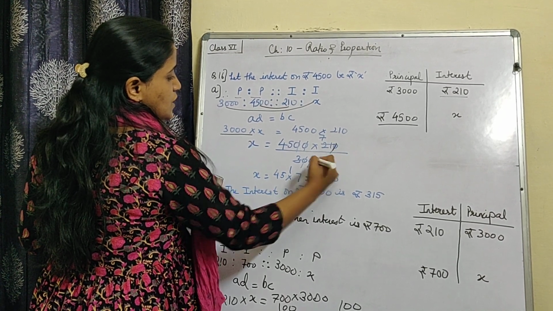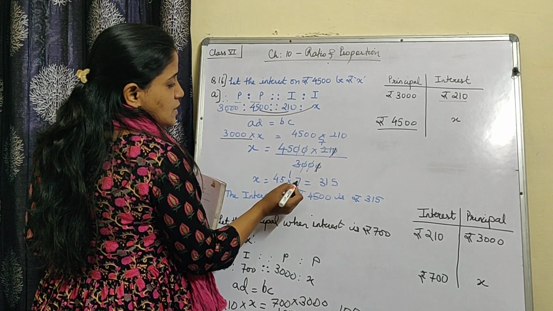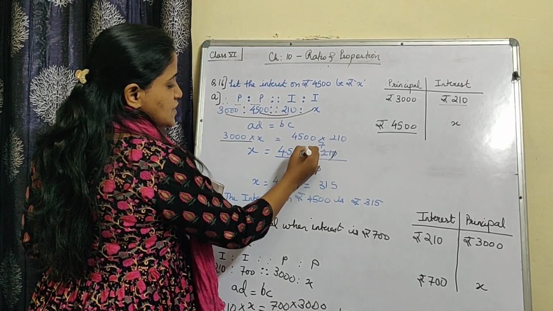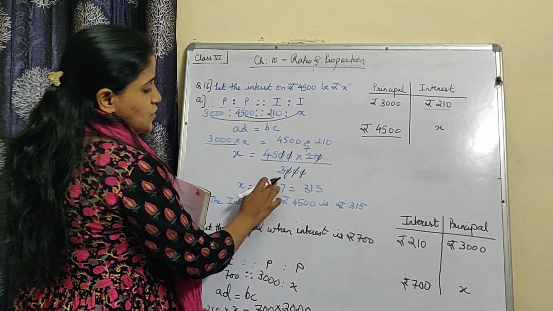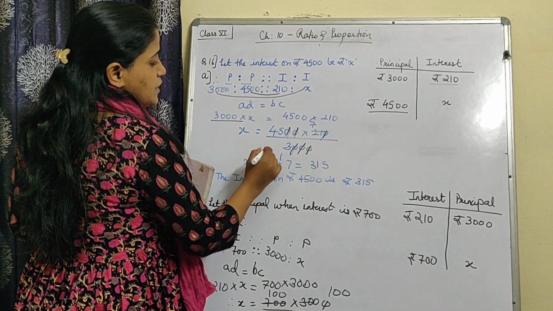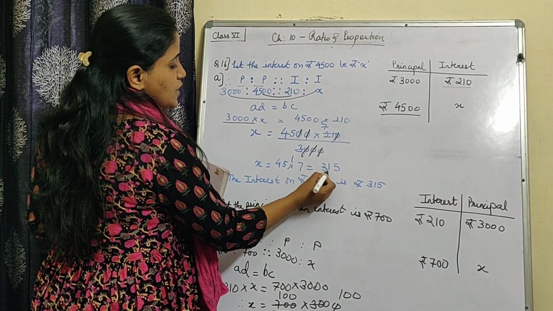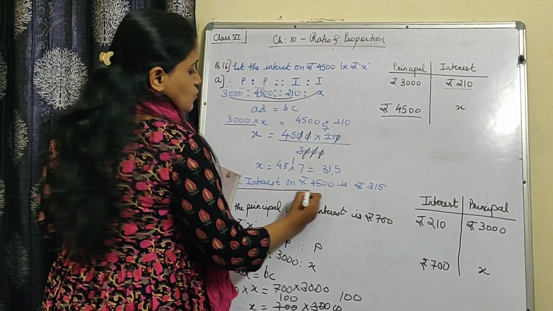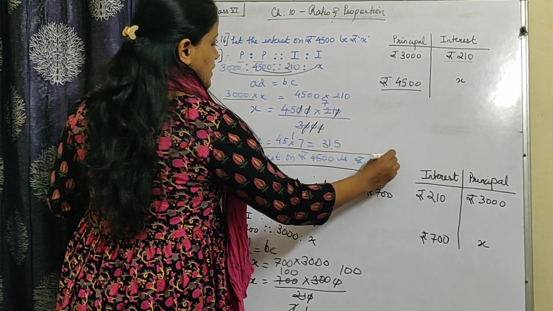So 0 to 0 cut. 3 7s are 21. Again this 0 and this 0 you can cancel. So 3 1s are 3, 3 7s are 21. 45 into 7 is what? 315. So interest on rupees 4500 is rupees 315.